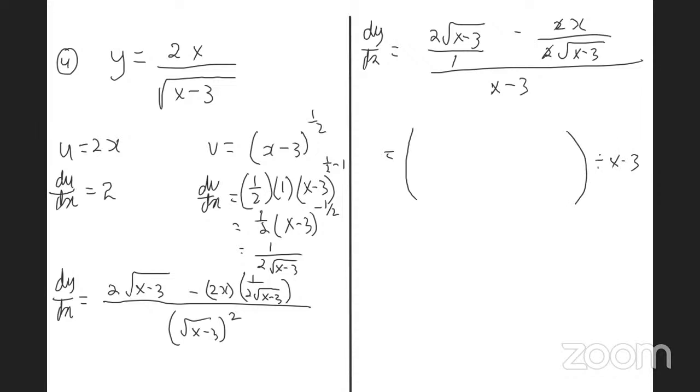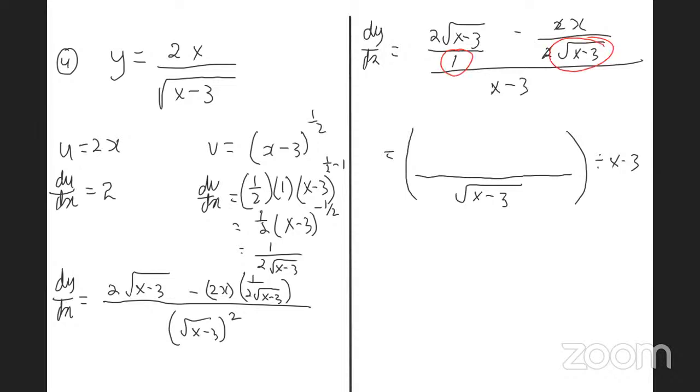Two fractions. So what can you do? Find the LCM, right? So we can multiply the denominators. We'll get the square root of x minus 3 times the square root of x minus 3. And then you're doing all the usual steps.